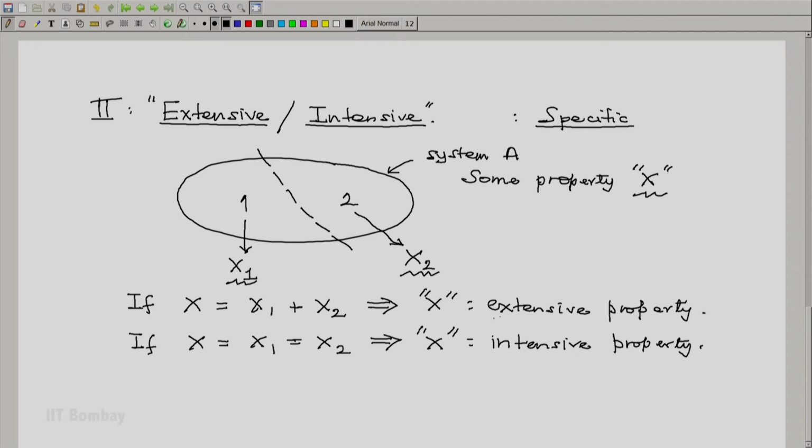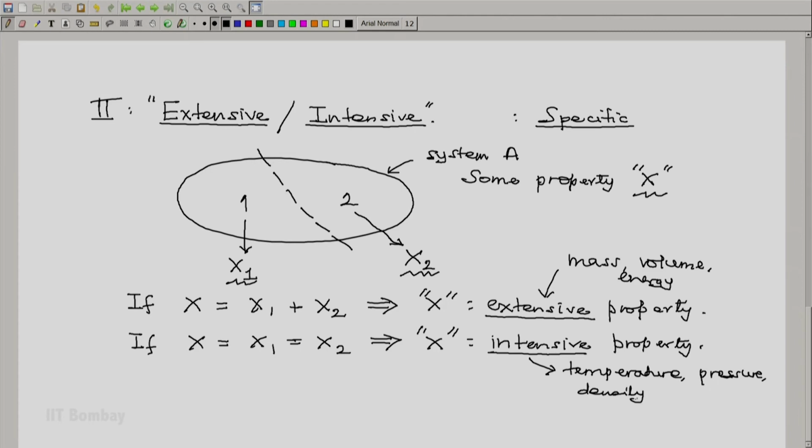Illustration of an extensive property would be mass, volume, energy. Typical illustrations of intensive properties are temperature, pressure, say density.